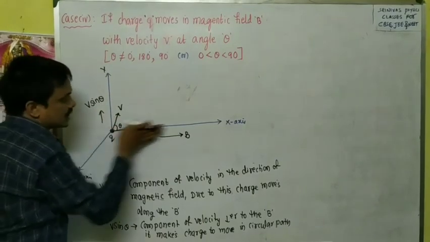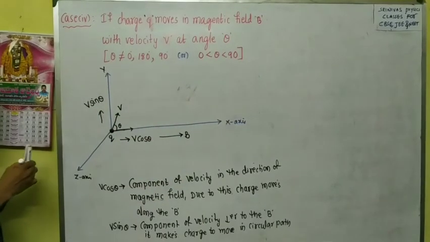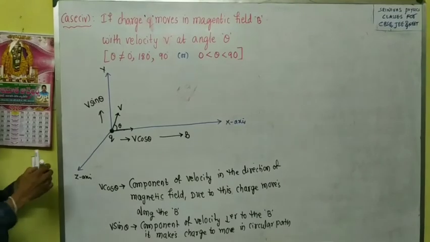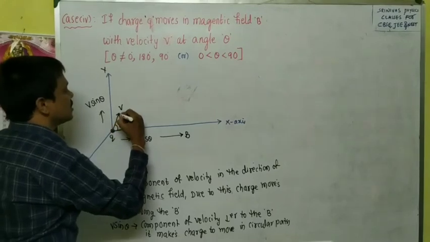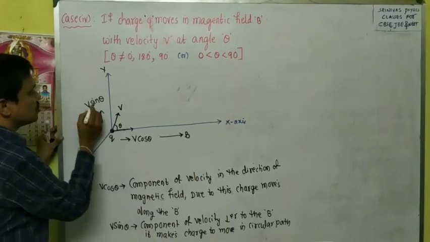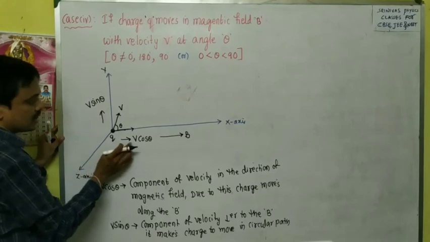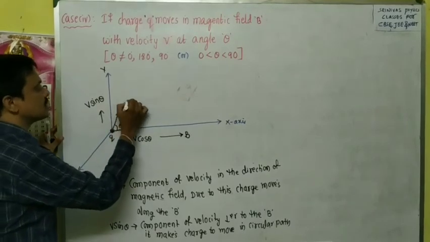Due to v cos theta, charge moves along x-axis. Then simultaneously the two are there. That's why the charge moves along the circular path, and along with that it also goes forward. Due to v sin theta, which is perpendicular to the field, it will go in circular path.